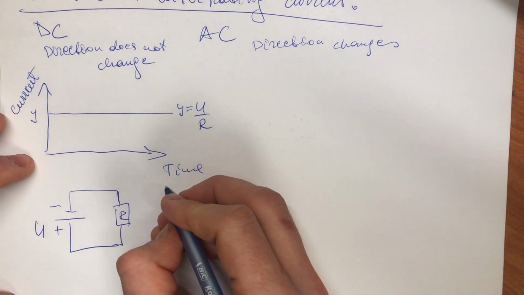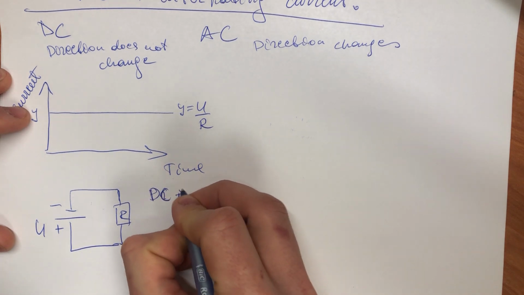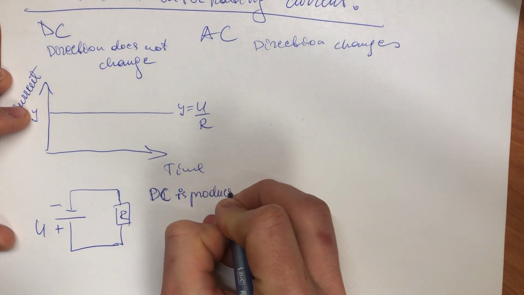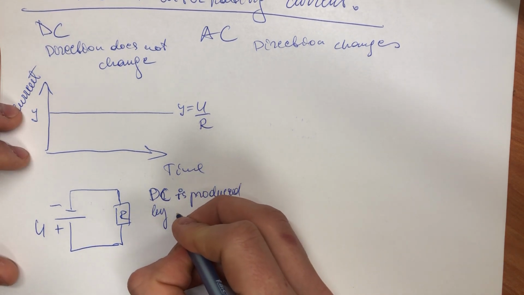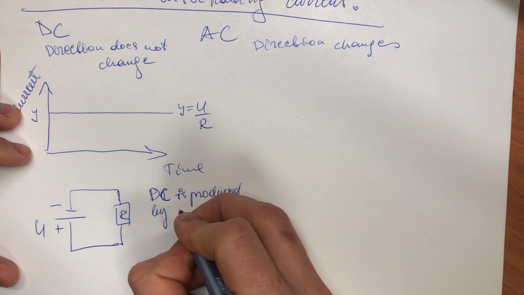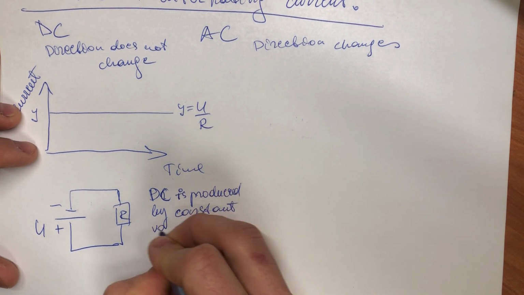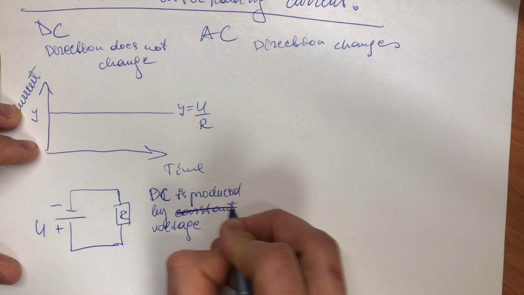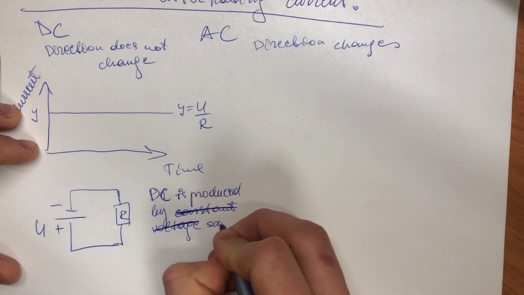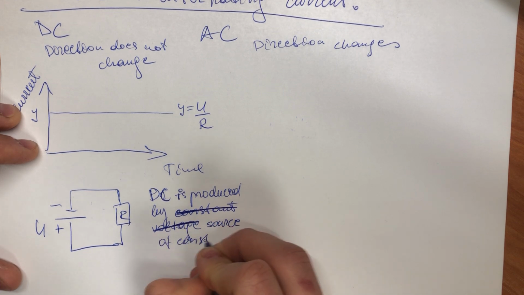DC is produced by a source or supply of constant voltage, like this.